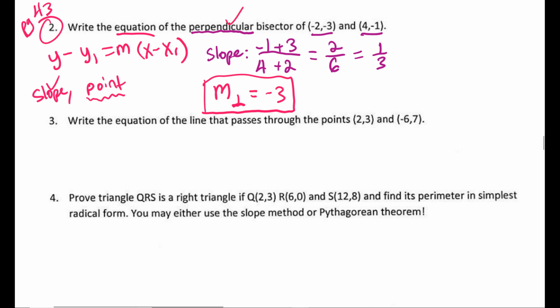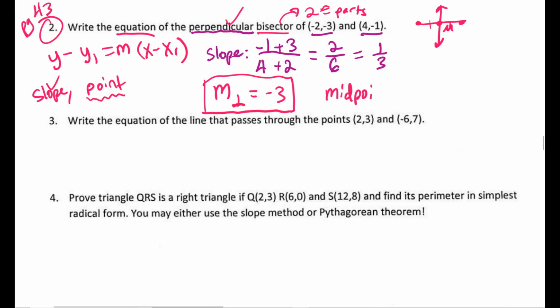So we took care of the perpendicular part, but remember a bisector is something that cuts another thing into two congruent parts. So in this case, if you think about a perpendicular bisector, when that line cuts through the segment they give us, it has to go through the midpoint to make the two parts on either side congruent. So if we could find the midpoint between those 2 points, we'd be good.